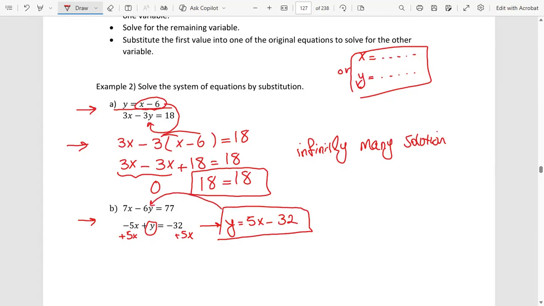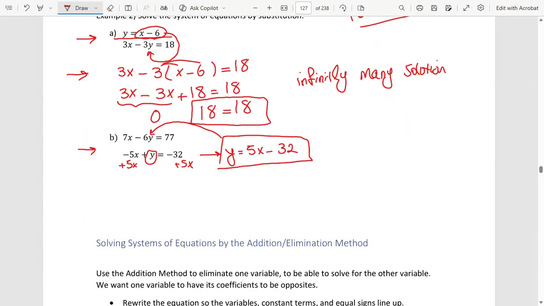Every time you find something from one equation, you have to go and replace it into another equation. So I'm going to write the first equation, 7x minus 6 times, replace the y by 5x minus 32, and it's equal to 77.